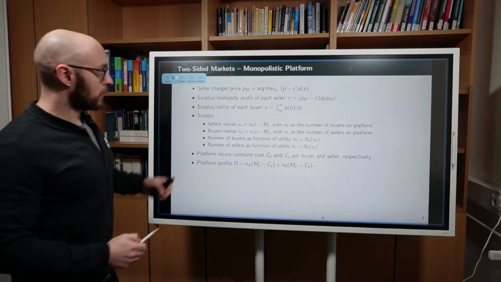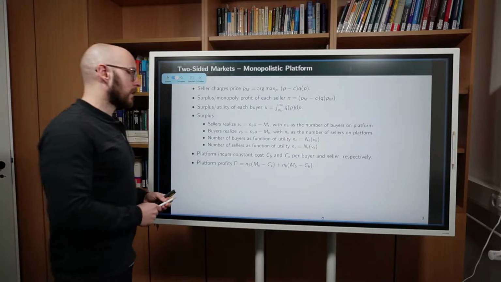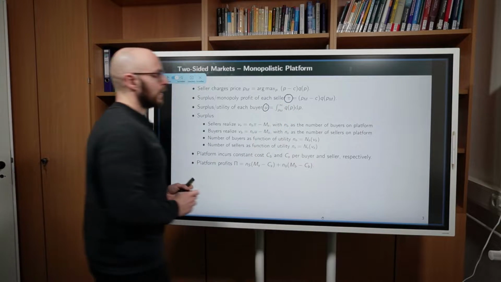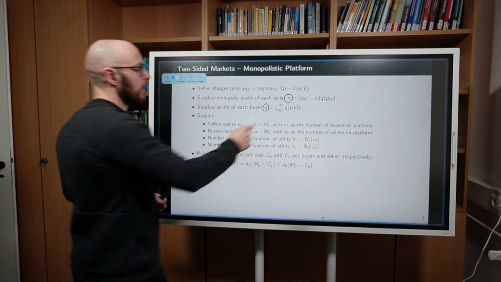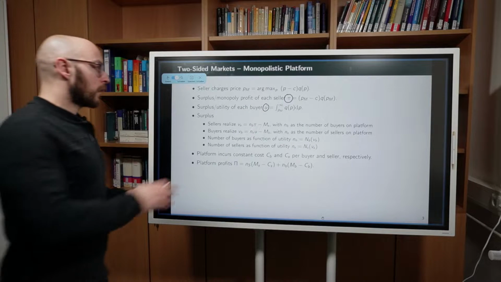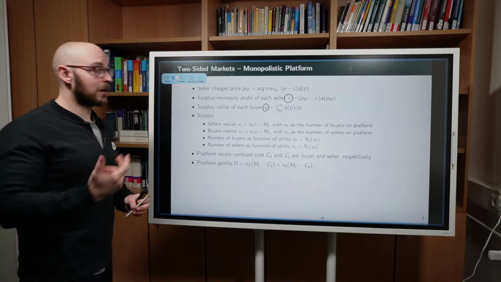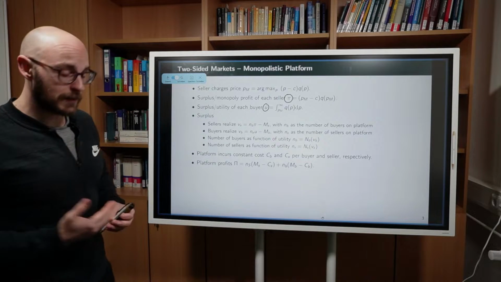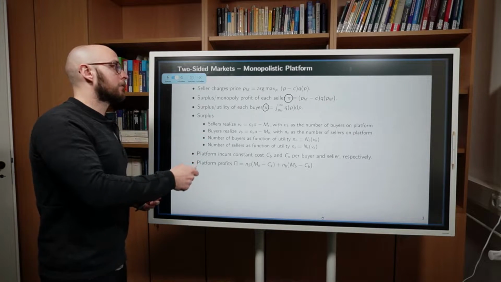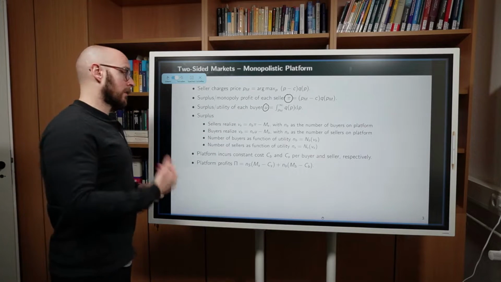Based on the monopoly price PM, each buyer has a utility or surplus of U. These two things are endogenously determined if you have information about your demand and marginal cost, but we're going to treat U and pi as given. Pi is the surplus that one seller can generate by entering the platform, and U is the surplus that one buyer realizes if he's on the platform.